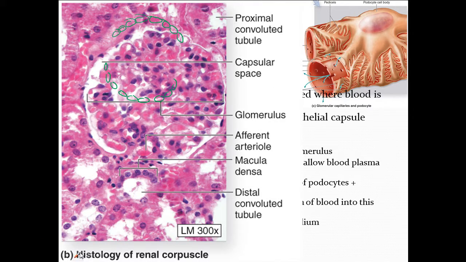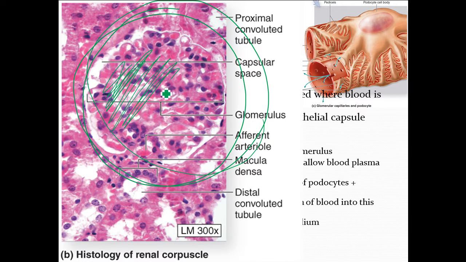And here's a look at it again. So let's just take a look again. So collectively, this is a renal corpuscle. Renal corpuscle. Good. This structure here on the inside is called the glomerulus, right? Glomerulus. Good.